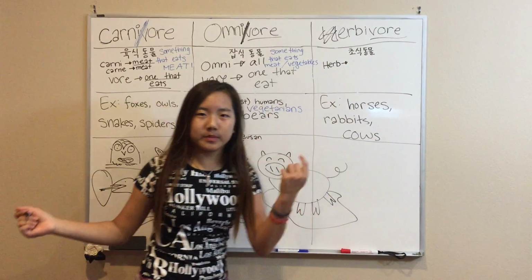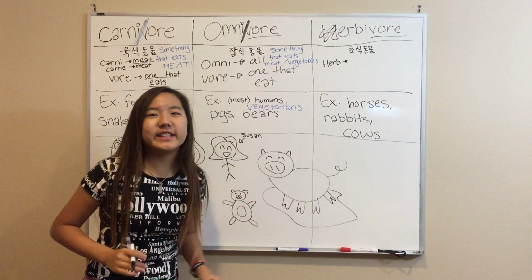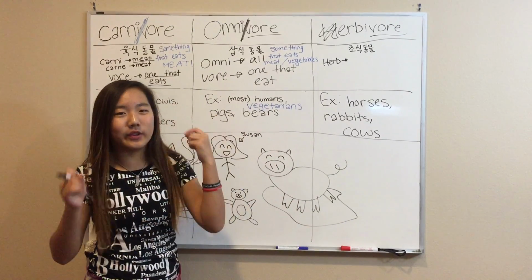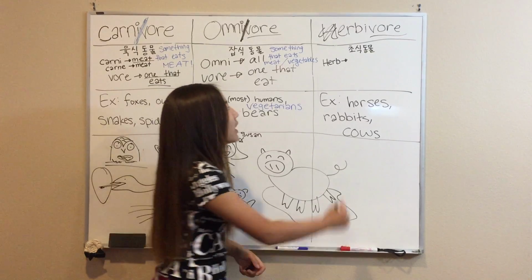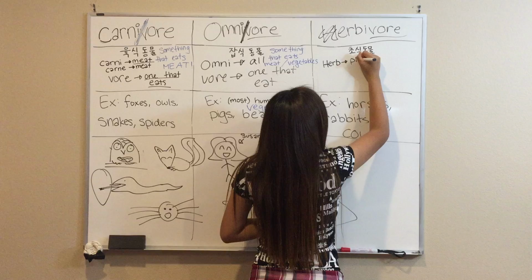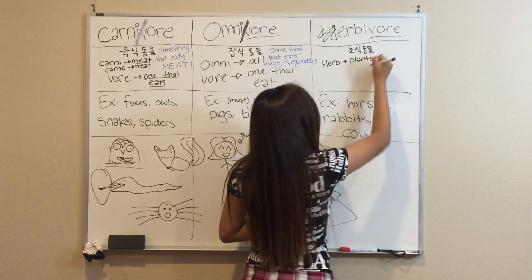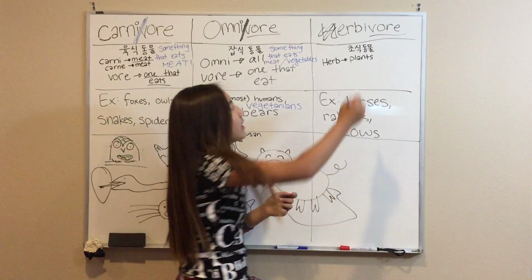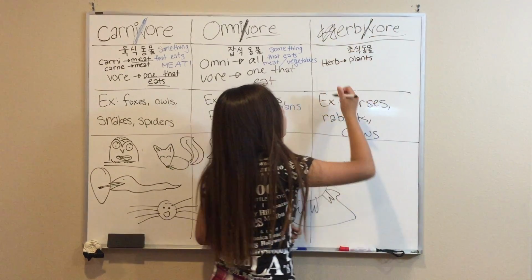And herbivore, when you think of herbs, you know the herb tea, it has like the little leaves in it, and it kind of reminds you of the leafy green stuff. So let's say it reminds you of plants. Because herb plants, herb tea, kind of made from plants, I guess. And then, oh yeah, we're separating it right there.